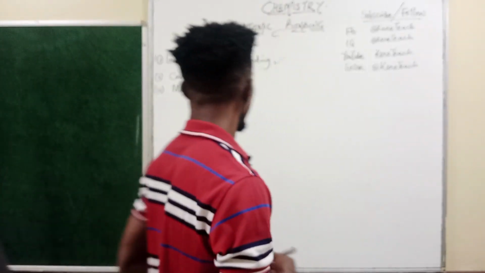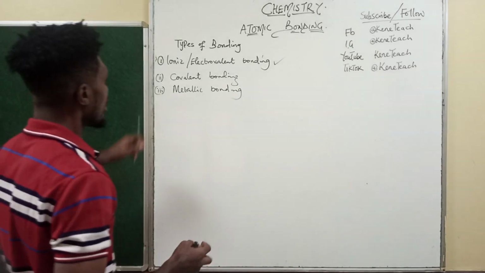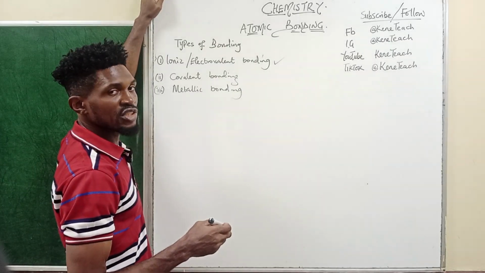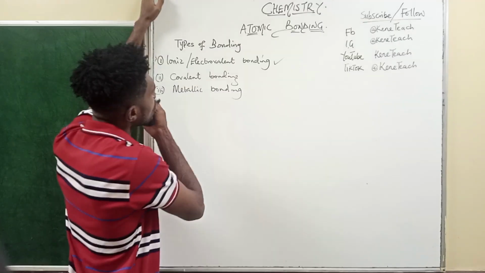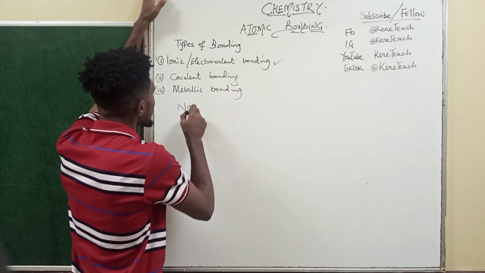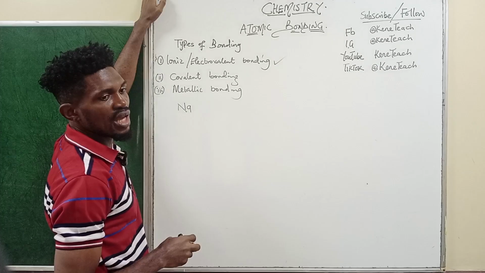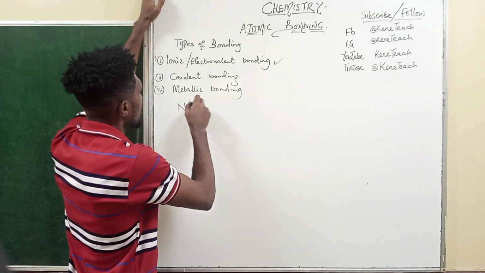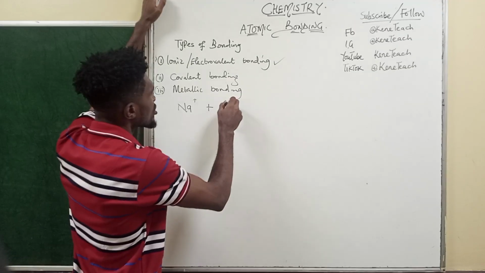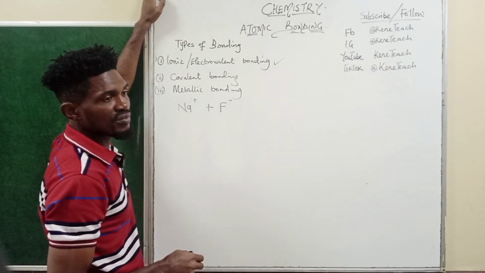So let's draw the electronic configuration. Let us use the electronic configuration to explain that. For example, let's say ionic bonding between sodium, which happens to be a metal, right? And then plus what? Fluorine, which happens to be a non-metal.